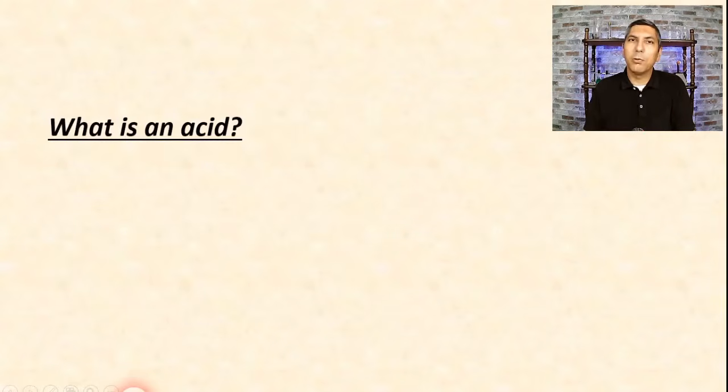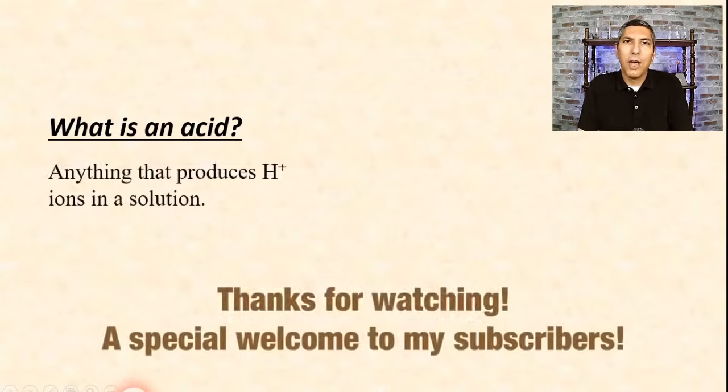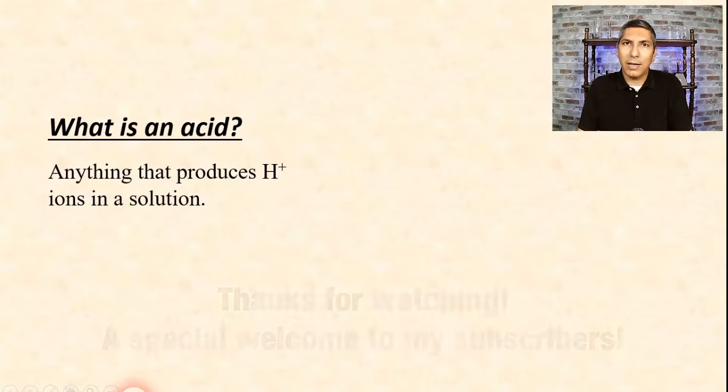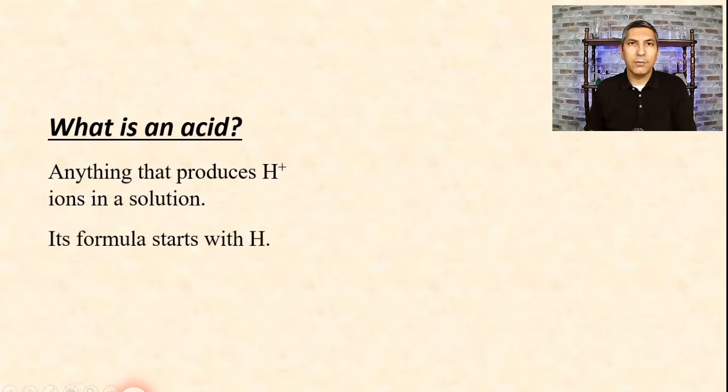Now, before we get too far into this, let's define an acid. In its most simple definition, we can say that an acid is anything that produces hydrogen ions, H+ ions, in a solution. And generally speaking, that means that its formula is going to most likely have a hydrogen on the front of it.